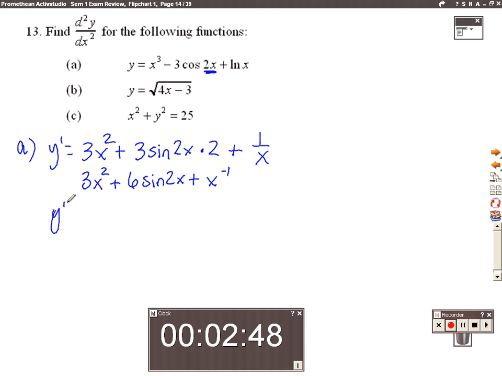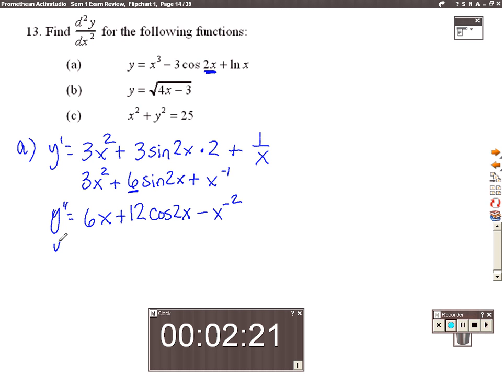Second derivative then would be 6x plus the derivative of sine is cosine of the angle. The derivative of the angle 2x is 2. So if I take the coefficient of 6 that is already there and multiply it by 2, I get 12. And the derivative of the last term would be, by the power rule, negative x to the negative 2.